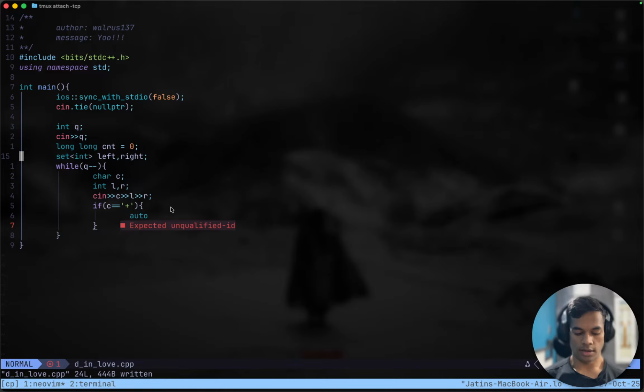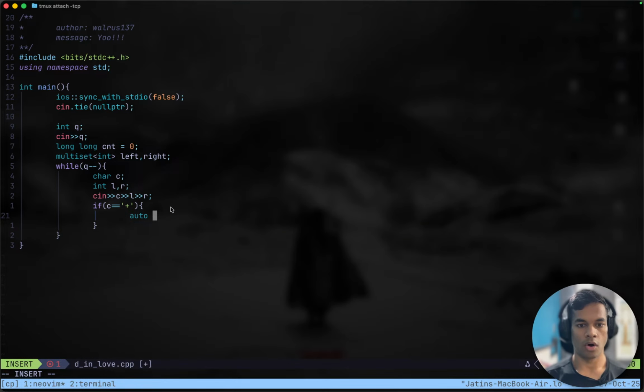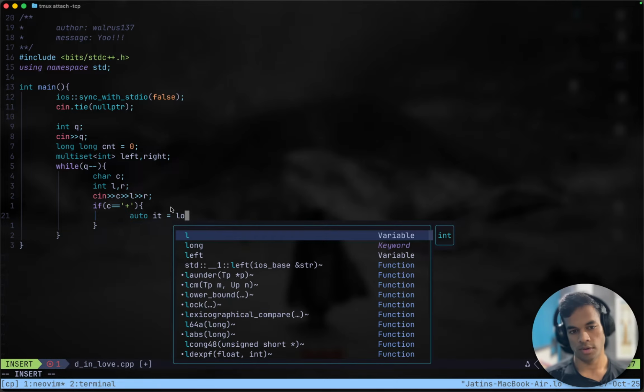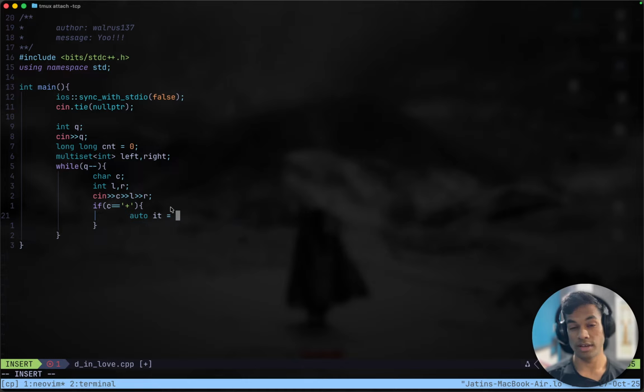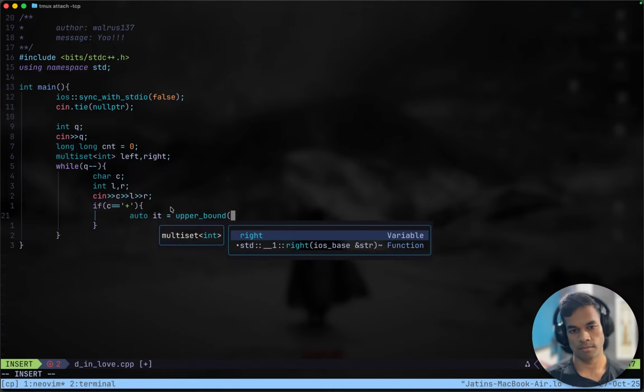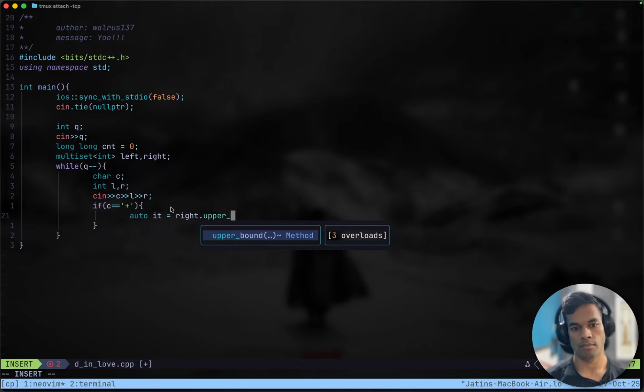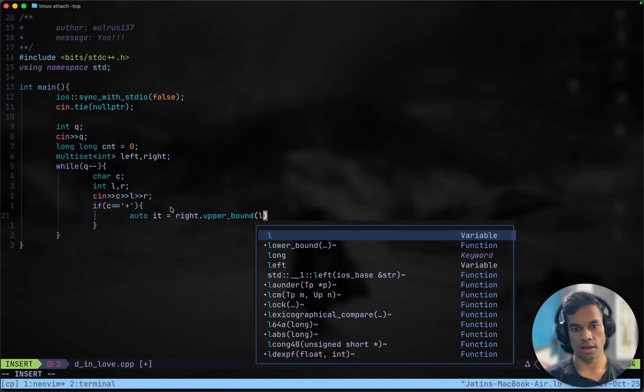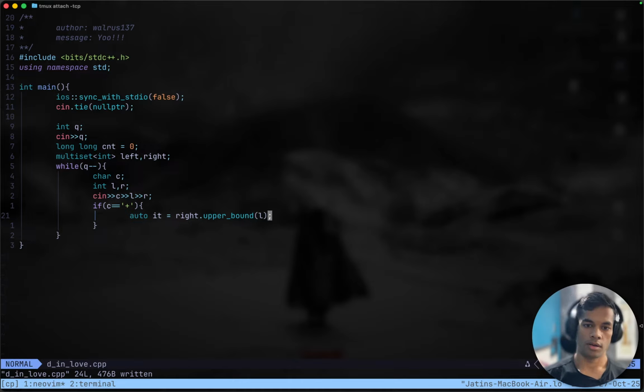Multiset auto iterator equals right dot upper bound with L. We need a policy-based data structure for this.